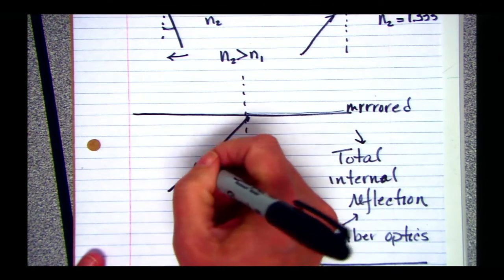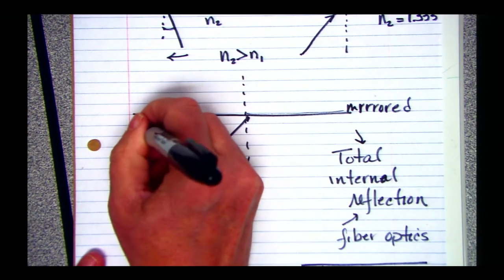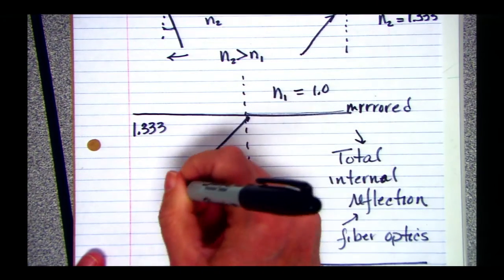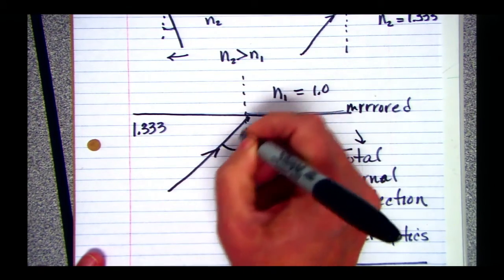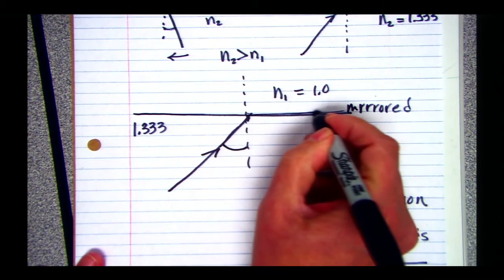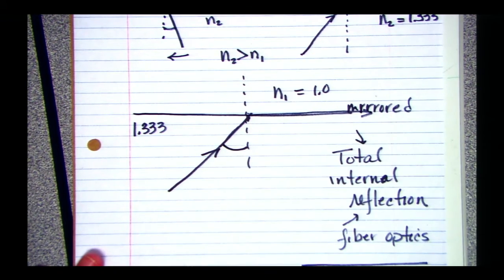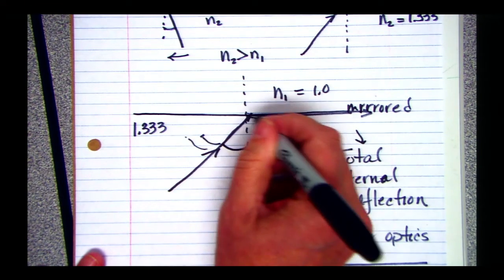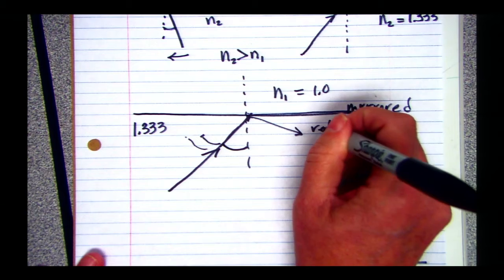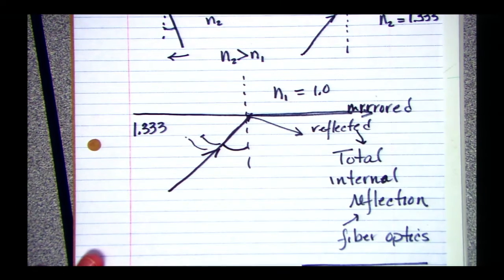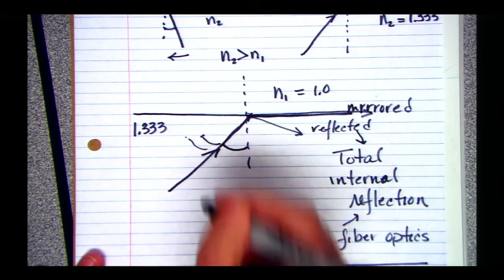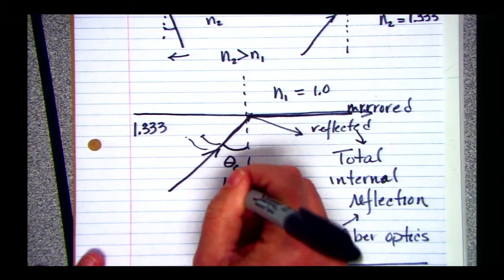There's a point at which this angle is such that the light just goes right along the surface, and it's not going to refract out. And anything greater than that is totally reflected. So I'm looking for the point where it comes right along that surface, and we call that the critical angle.